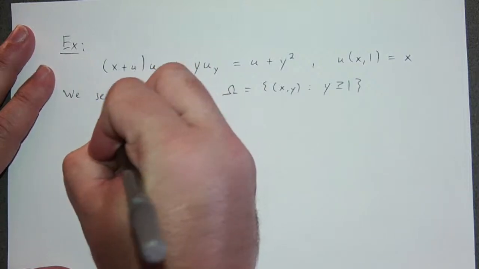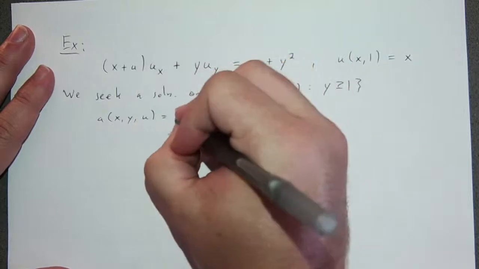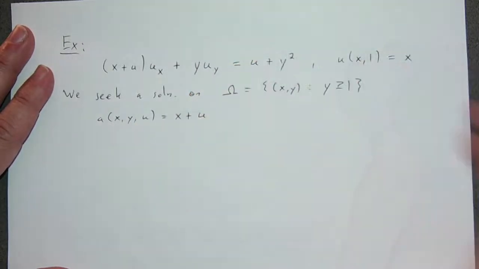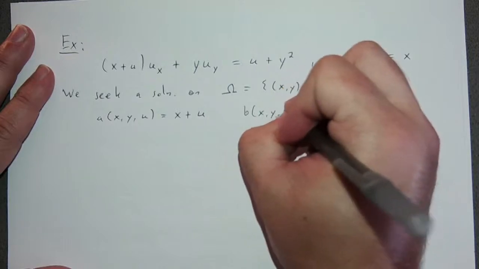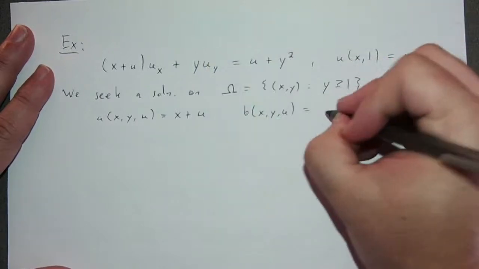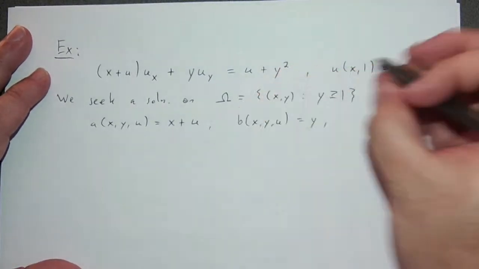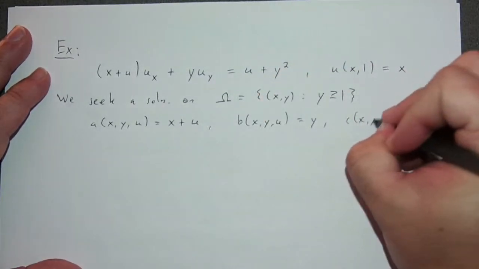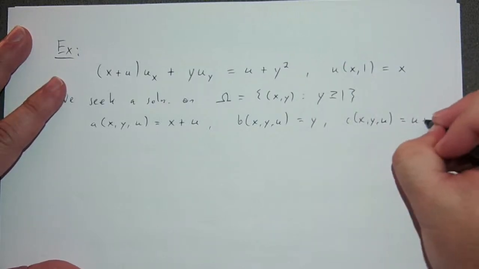So my a of x, y, u is x plus u, and b of x, y, u is y, and c of x, y, u is u plus y squared.